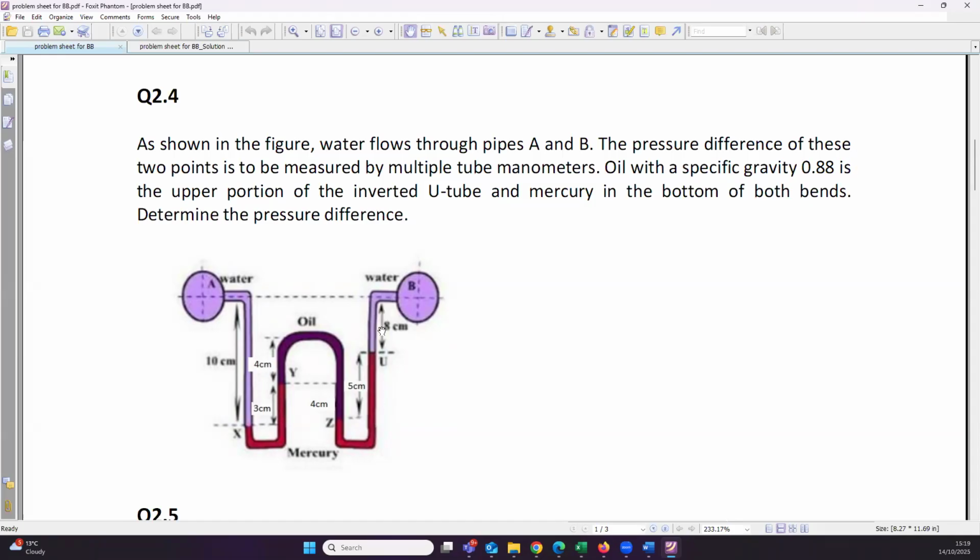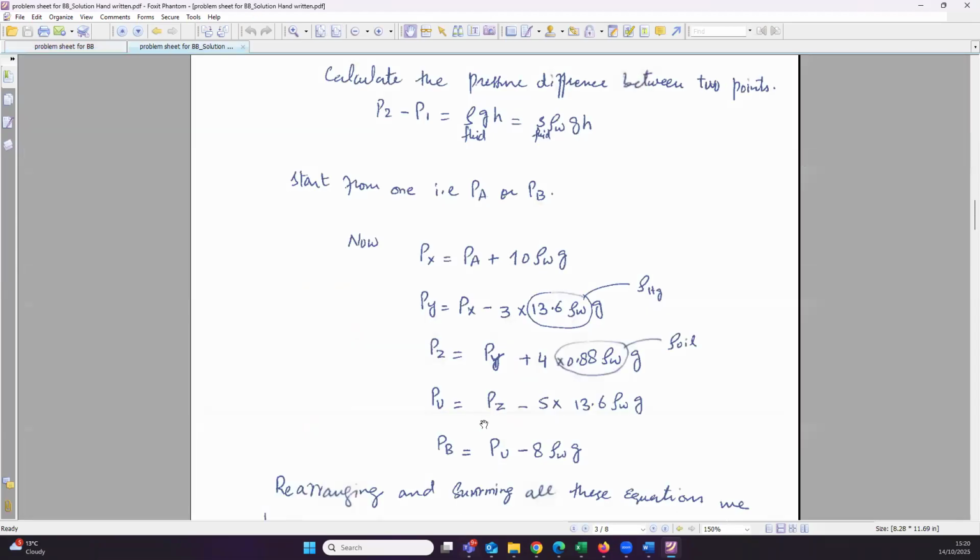So if you try to balance the two at point U, the pressure will be Pz minus rho gh, that is 5 centimeter times the density of oil times the gravity, plus the pressure from this side, that will be rho gh. h is 8 centimeter, rho is the water itself, and g is gravity. Okay, and that is exactly what Pu is. You see, Pz minus this value.